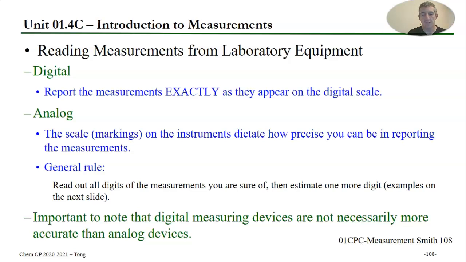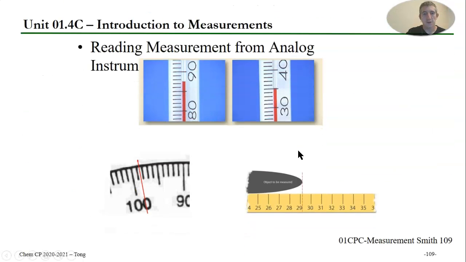And beyond that, you have to be able to write down the correct number of digits. So for a digital, that's quite explicit, just write down what they give you. But when it's an analog, it takes a bit more thought process that we're going to talk about in this video.